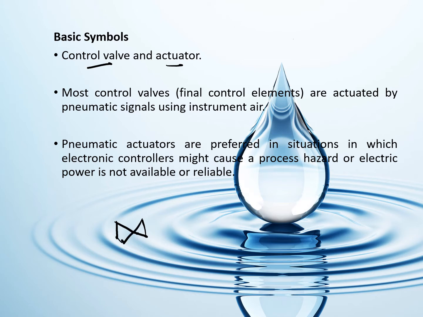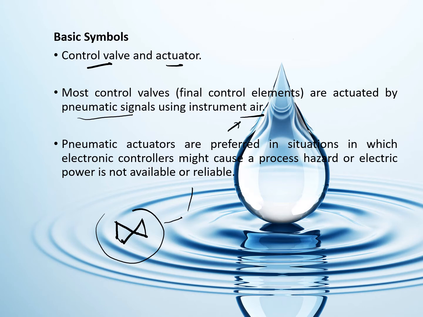The control valve is operated by opening and closing, and in order to open and close it, they use air. So that's why we have to use the pneumatic signal when the control valve is operated by air.